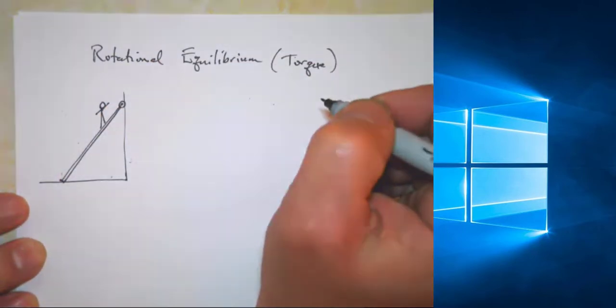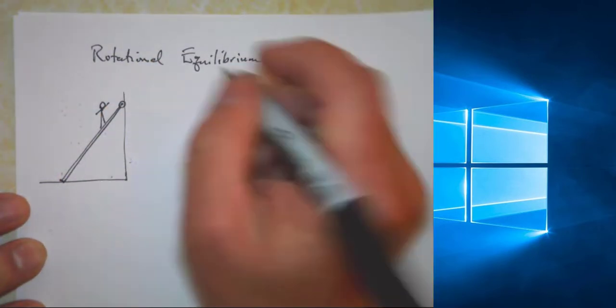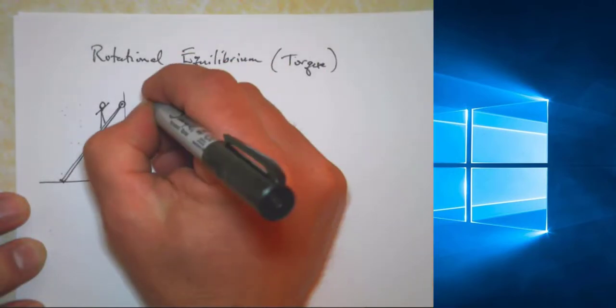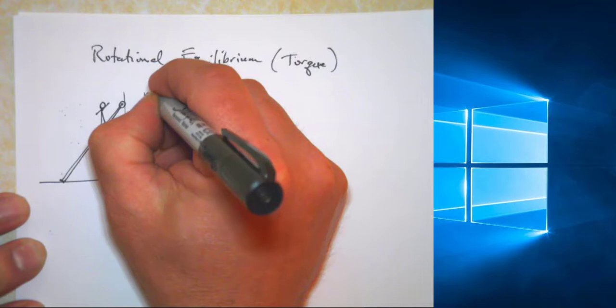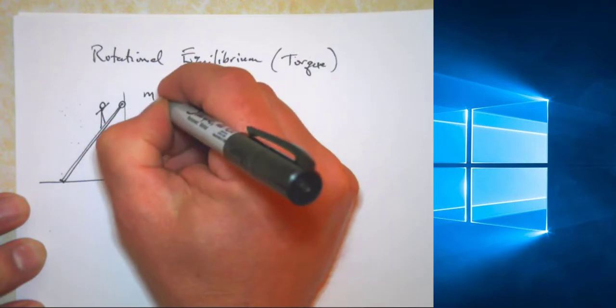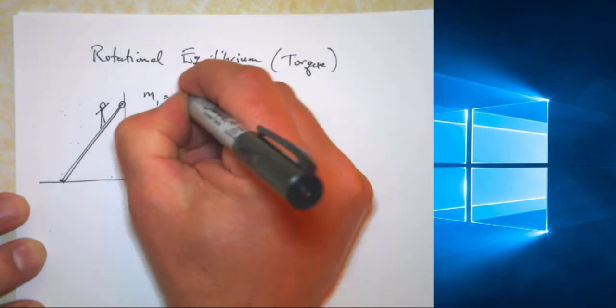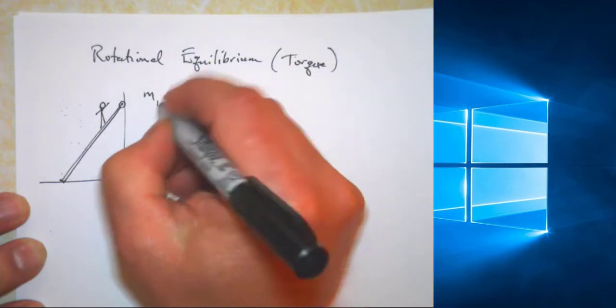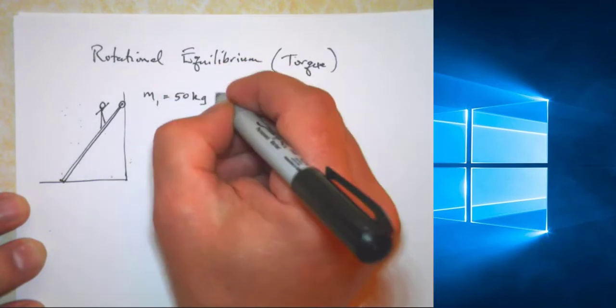Of course, they don't know how to stand on a ladder. And we're going to be given some information here. We'll say the mass of the person on the ladder is 50 kilograms. They are 3/4 of the way up.